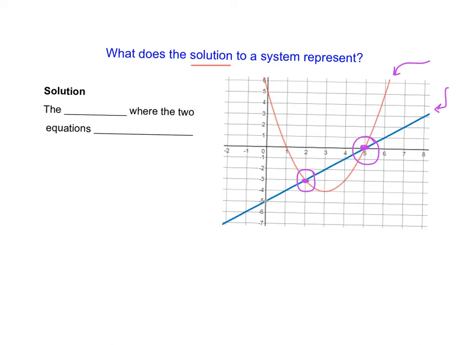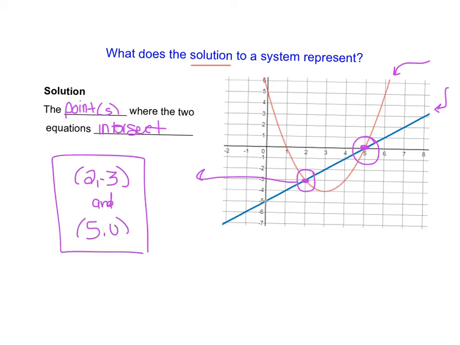The solution is the point or the points, depending on the problem, where the two equations intersect. In this particular problem, the 2 points of intersection are where x is 2 and y is -3, and where x is 5 and y is 0. So these are our two solutions to this system because they're the 2 points where the two equations intersect.